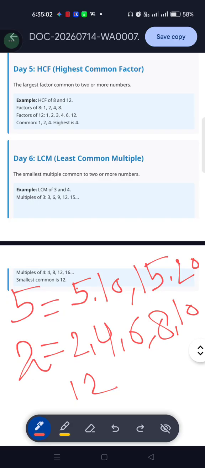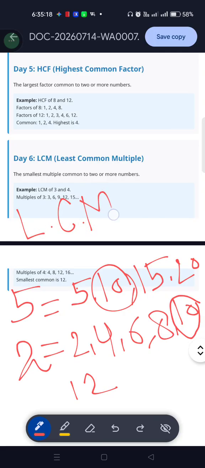Now what is the smallest common multiple here? You can clearly see we are getting 10 as the smallest common. So this 10 will be our LCM, that is called least common multiple or lowest common multiple, 10.